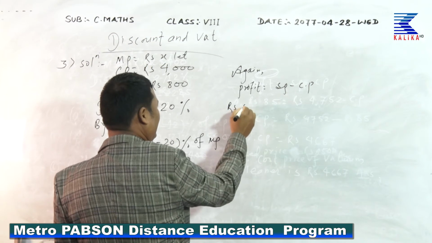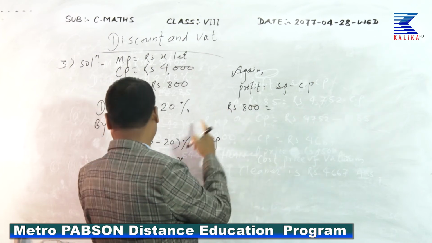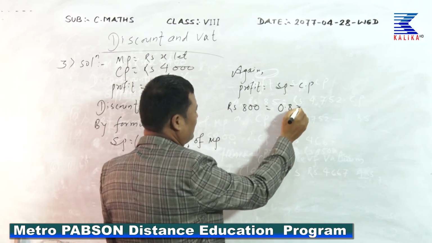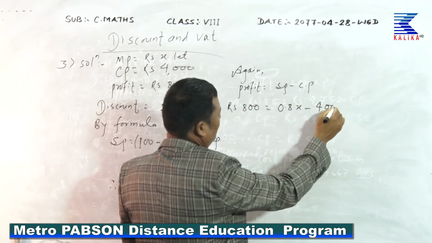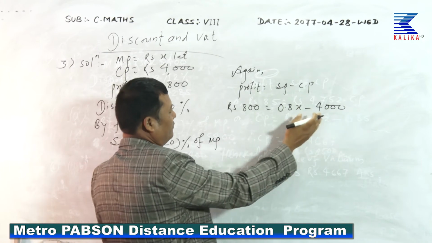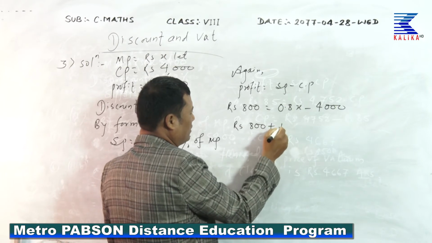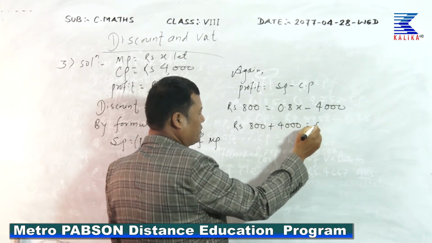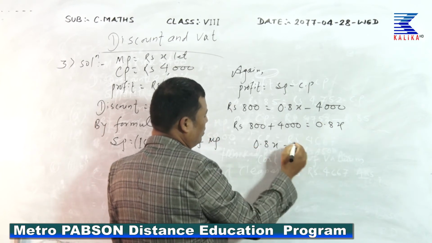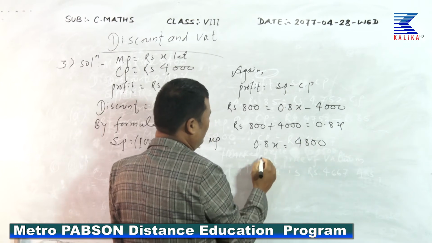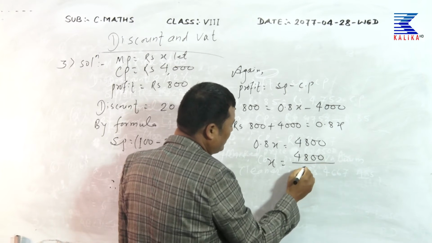Profit is 800 and selling price is 0.8x minus cost price 4,000. So 800 plus 4,000 is equal to 0.8x. 0.8x is equal to 4800 and x is equal to 4800 divided by 0.8.